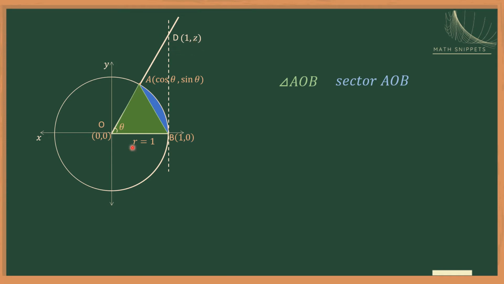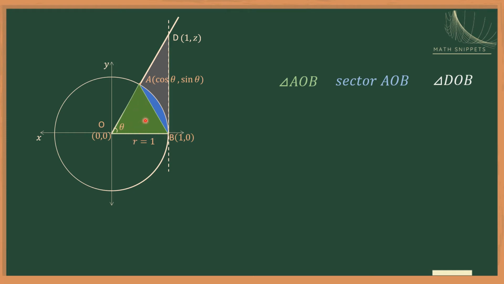Why is it 1? Because the base is side OB, which is the radius of the circle, so the length is 1. Now let's denote the height, or the y coordinate of this point, as D. We do not know it yet. But we are able to create a triangle DOB.